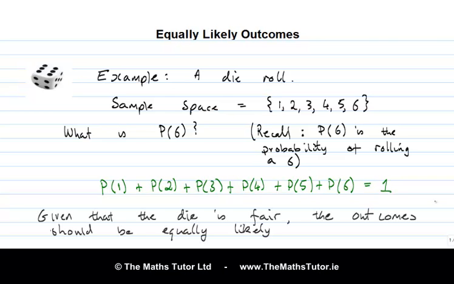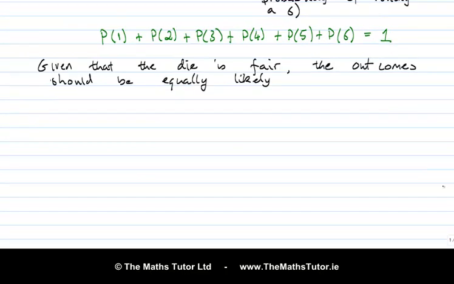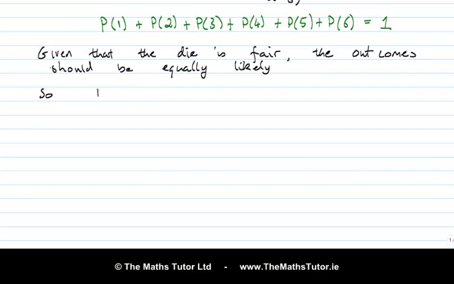Given that the die is fair, the outcomes should be equally likely. They should all have the same probability. So this means that the probability of a 1 is the same as the probability of 6. And the probability of 2 is the same as the probability of 6. And this should hold for all of the outcomes.